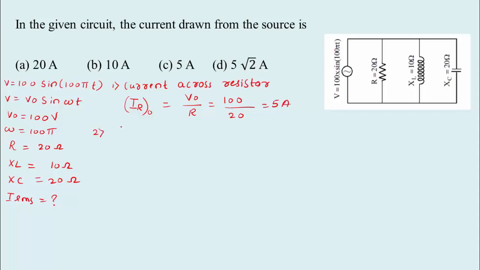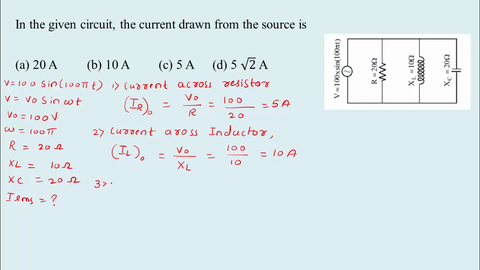Similarly, in the second case, the current across the inductor. We can write IL naught equal to V naught divided by impedance Z. In place of Z, I am going to write XL, since it is connected to the inductor. So we get 100 divided by 10, that is 10 ampere.